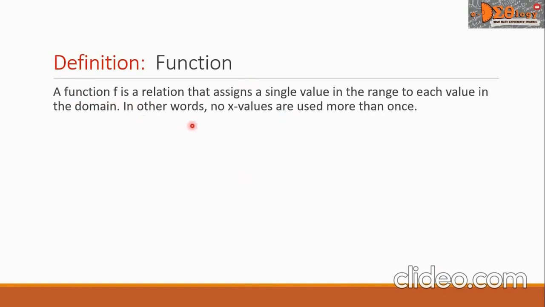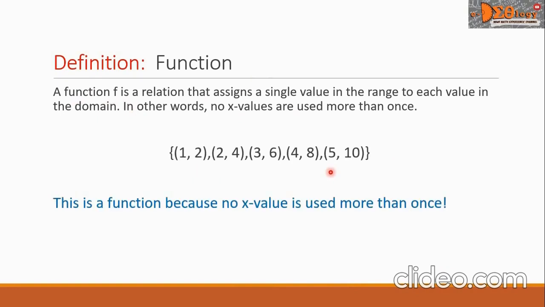In other words, no x values are used more than once. In our example a while ago, this is a function because no x value is used more than once.